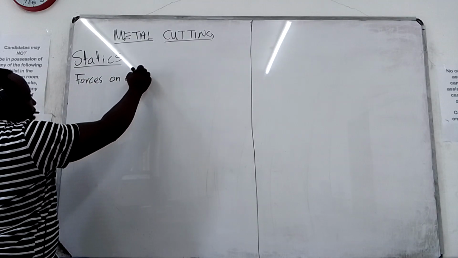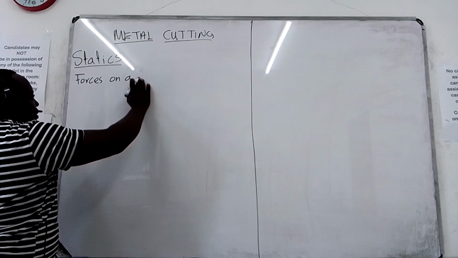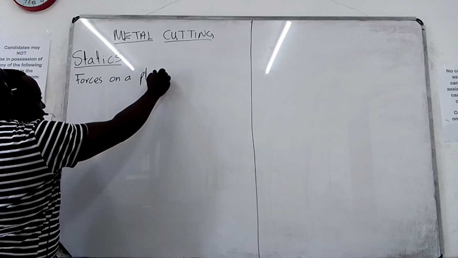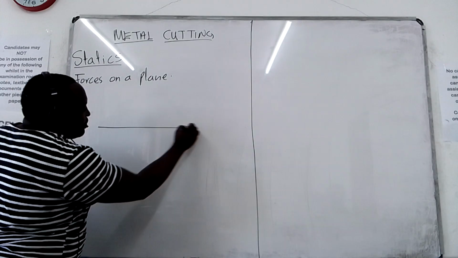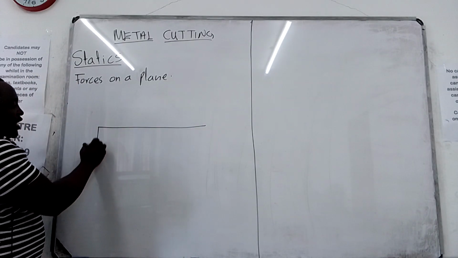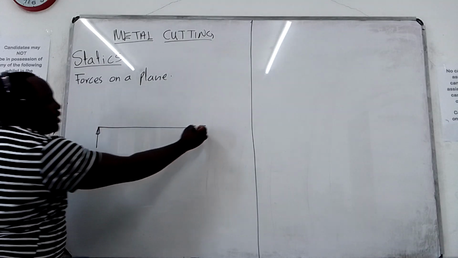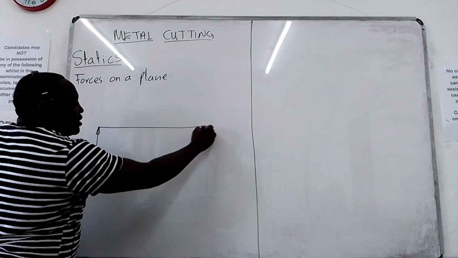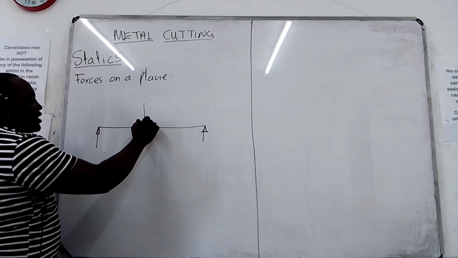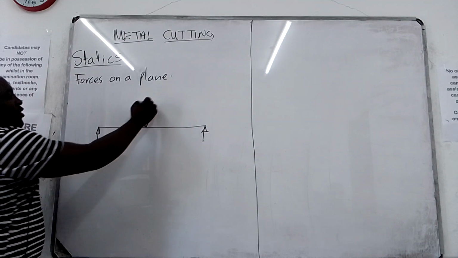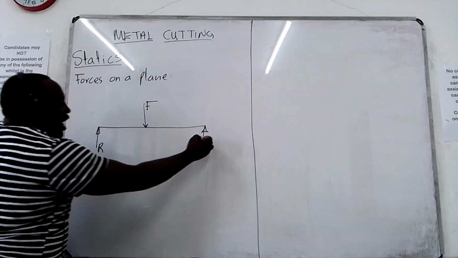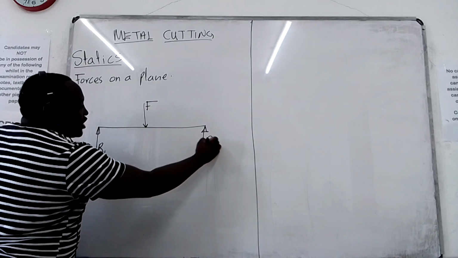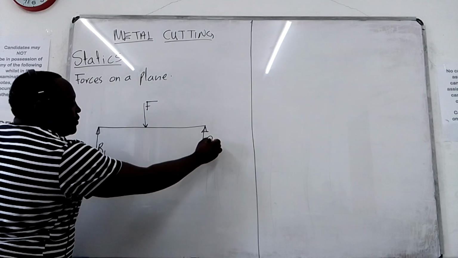In statics, what we look at is the forces on a plane. So for example, this is the plane and I've got a support and another support. Then I've got a force acting, so this is the applied force, F. This is my reaction R1 and my reaction R2.